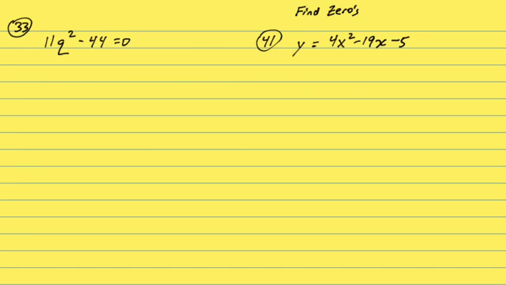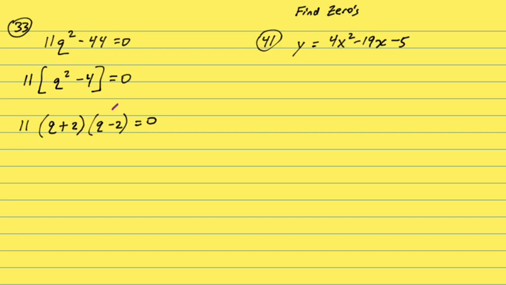Now here's one like 33. This is an equation, and I want to solve it. Can I factor an 11 out of both of those? Always look for common factors first. Do you agree that 4 times 11 is 44? Now, this factors as the difference of squares, q plus 2, q minus 2.